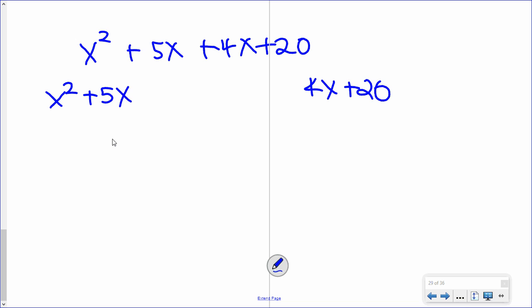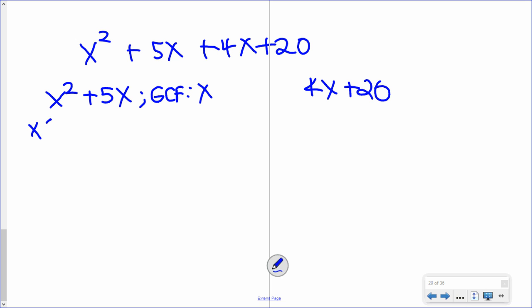Ready? What's the biggest number I can divide out of both terms? Is there one? No. What's the biggest variable? x. All right, now this is where we do our greatest common factor.